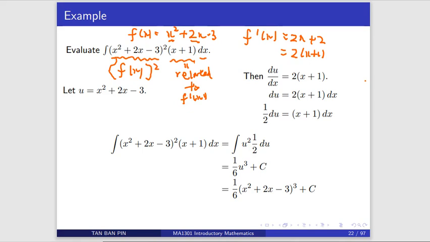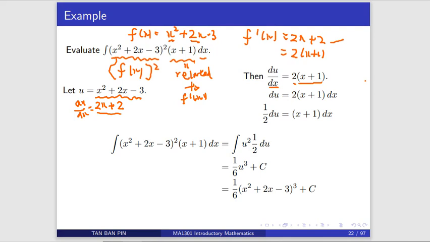If you let u be x squared plus 2x minus 3, then du/dx will be 2x plus 2. Differentiating x squared is 2x. Differentiating 2x is 2. So du/dx is 2x plus 2, which you can factorize as 2 bracket x plus 1.